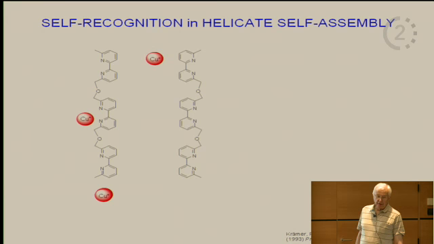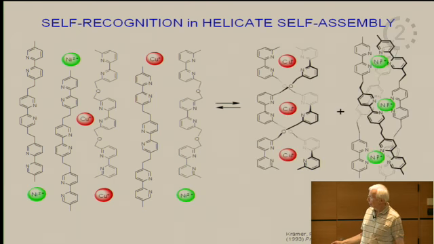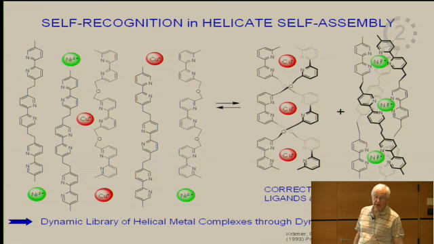Now you can do the same, a bit more complicated. The strand which gives a double helicate with 3 centers, and the strand which gives a triple helicate with octahedral centers, nickel. You mix them again, and you let it run. What do you get? The correct double helix and the correct triple helix.